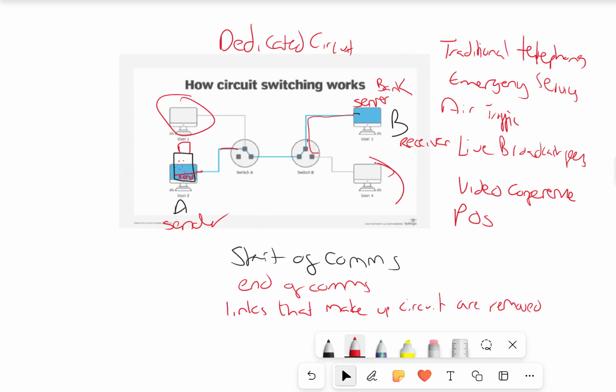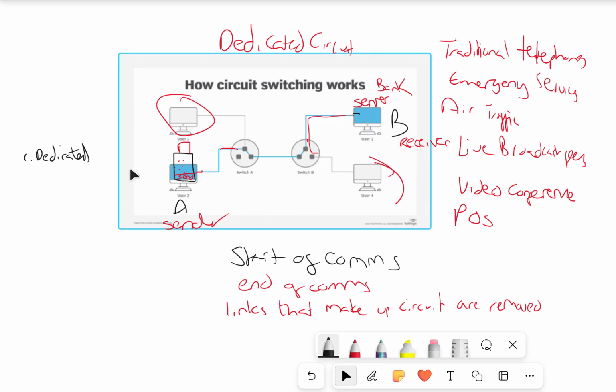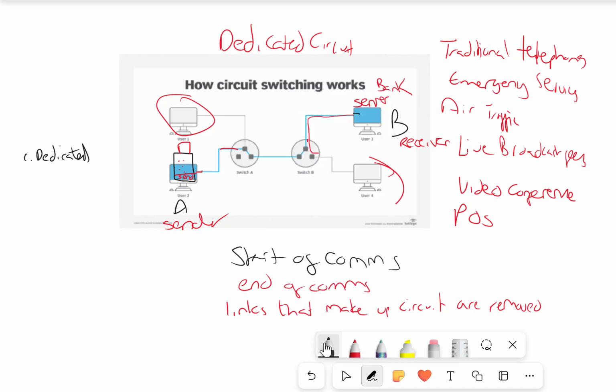And the benefits of doing this are the following. Number one, the dedicated channel. Dedicated channel basically is allowing just you and the other person to communicate, which means you can take advantage of all bandwidth. It's all yours. So all the bandwidth belongs to you.